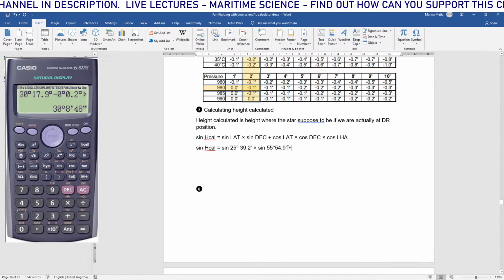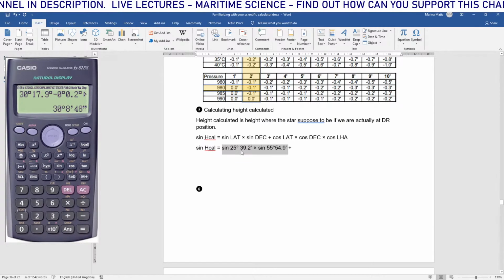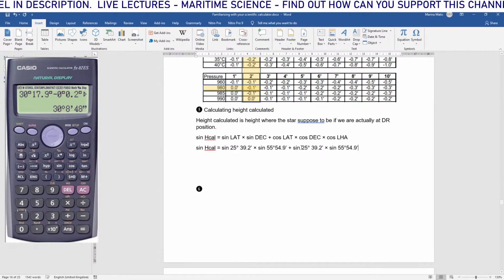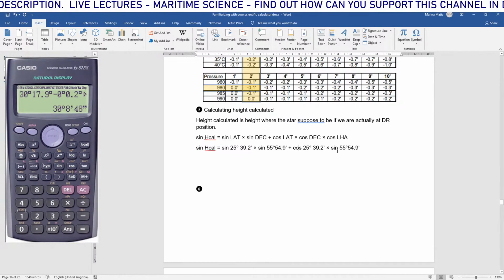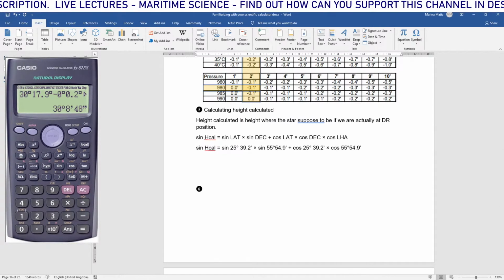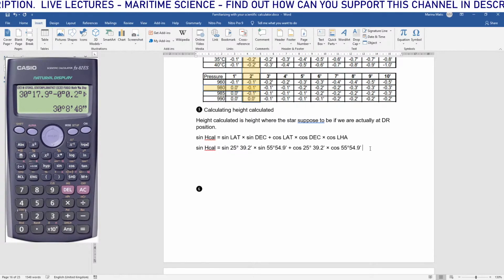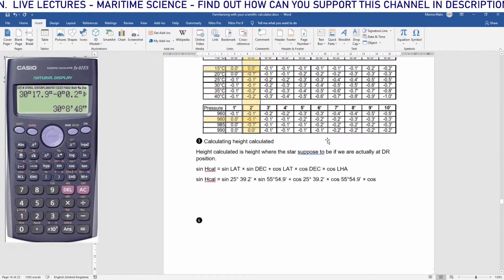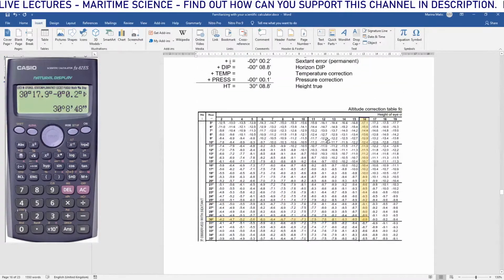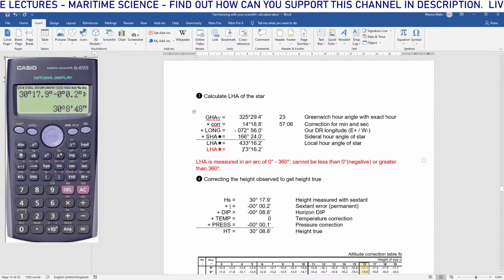Plus, now I'm going to cheat because it's the same two numbers. The only thing that is different is cosine, times cosine of LHA, and LHA is this number here.